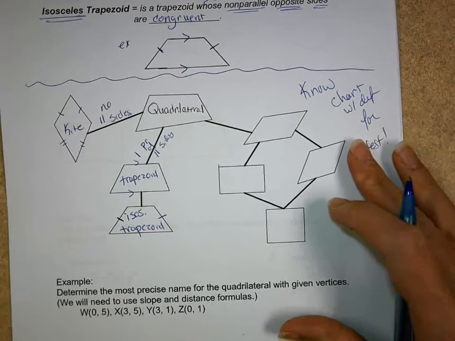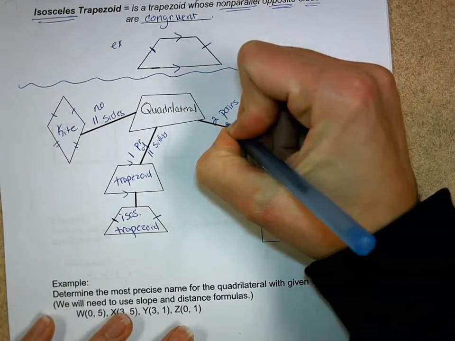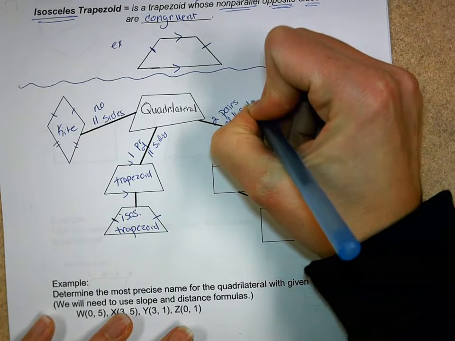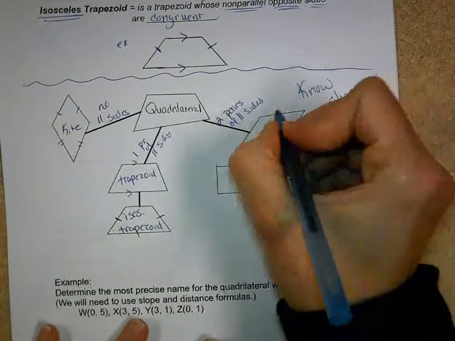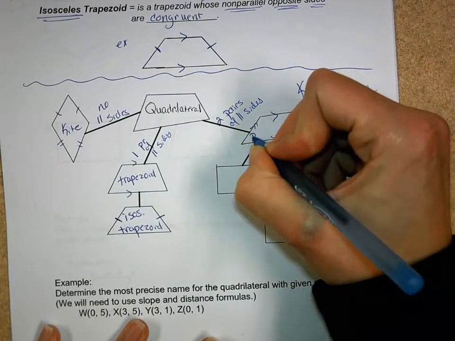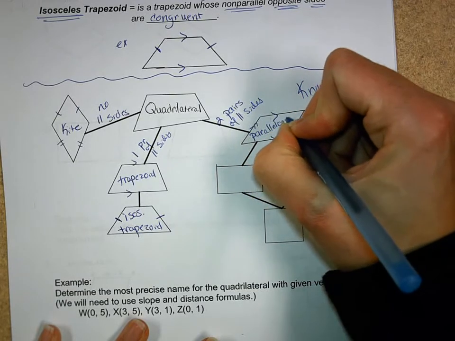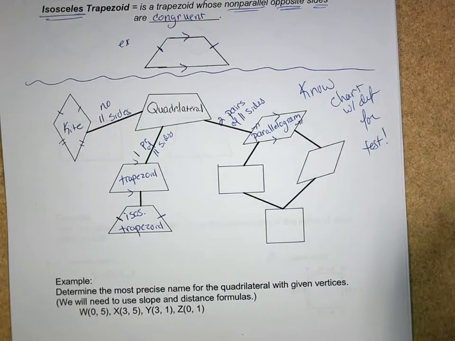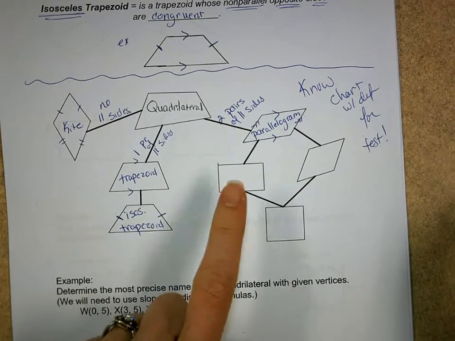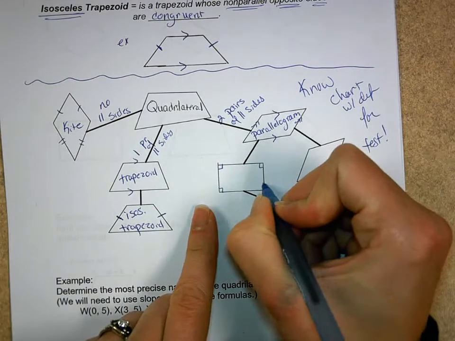Then our next branch is the two pairs of parallel sides. And what's the most generic name for a quadrilateral with two pairs of parallel sides? That's right, it's going to be a parallelogram. So we have our parallelogram. Then we go to the one with right angles. When we have four right angles, what type of figure is that?